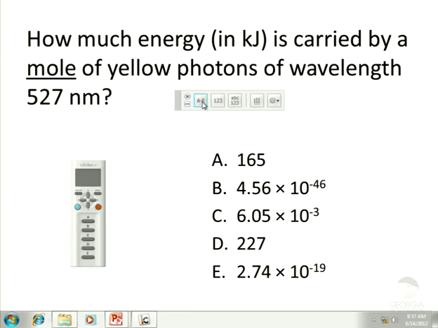But this question asked us not about the energy of single photons, but of a mole of photons. So 6.022 times 10 to the 23rd photons per mole.